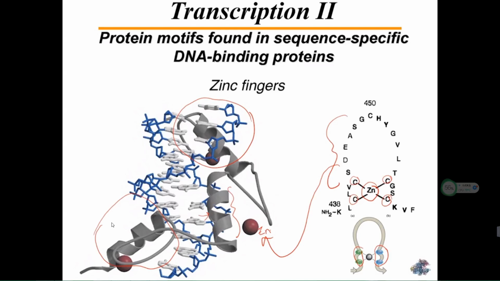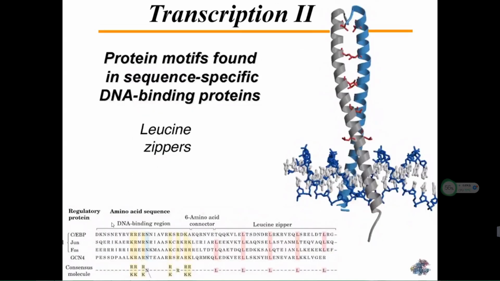And then leucine zippers, or B-zips as they're often called. So B-zips basically look like this structure right here, which is a coiled structure consisting of two alpha helices, very long extended alpha helices, that come together and interact through hydrophobic effects. So hydrophobic interactions in this specific region up here.